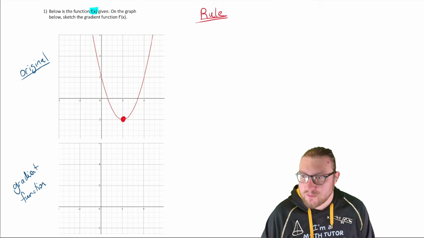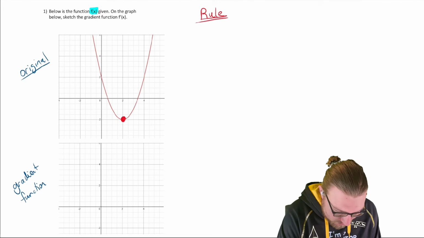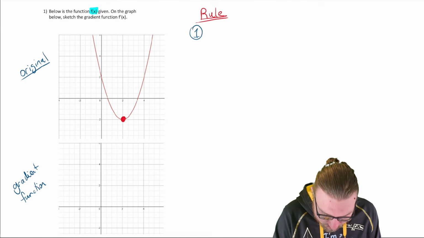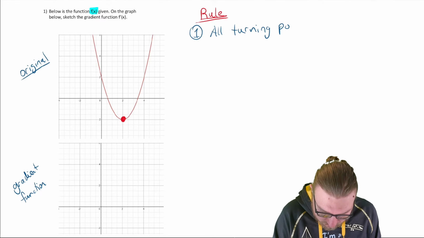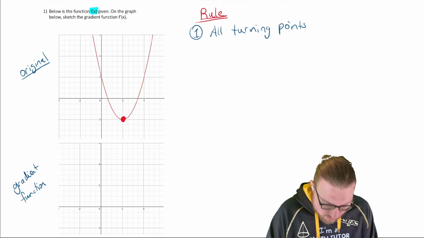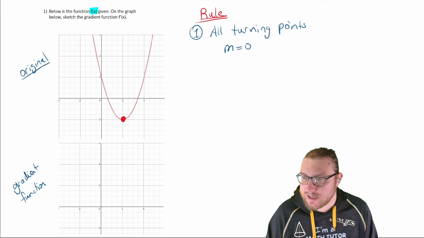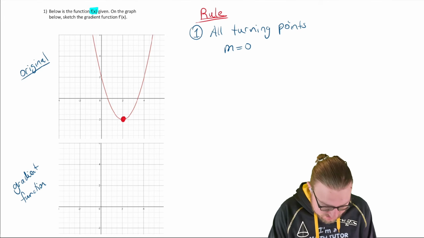So what we're going to do is at every turning point, and remember, I'll write it down here, so identify all turning points. And what we're going to do is we're going to have the gradient is 0 at that point. That's a very important fact that you guys need to remember.